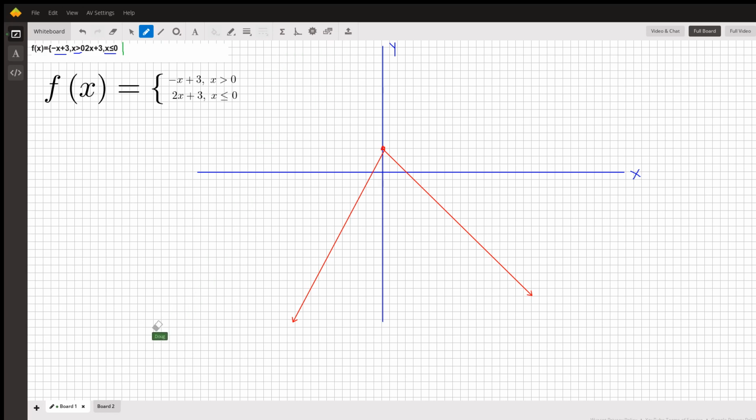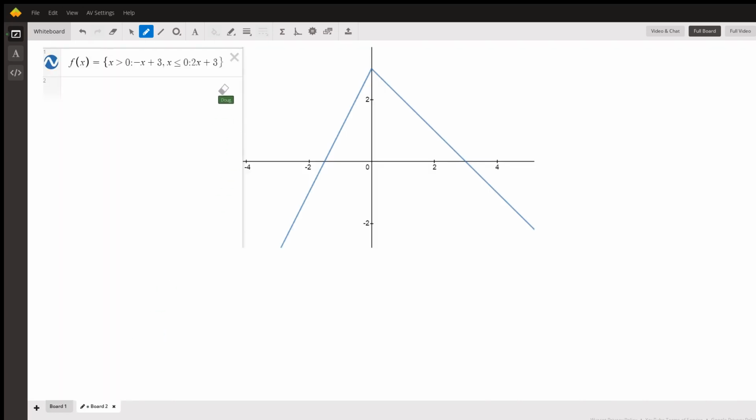And here's what it looks like on Desmos. I'm just bringing this to your attention so that you can see that on Desmos you can graph piecewise functions. The syntax is a little bit different. You first state the rule, then the piece of the domain, separating them with a colon, and then there's -x plus 3.